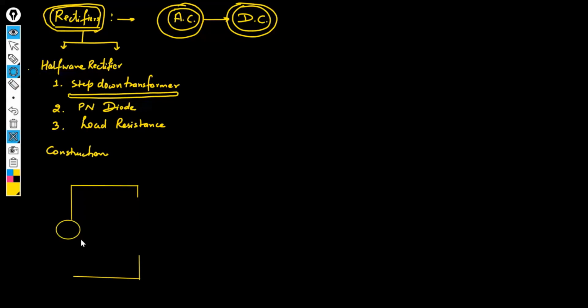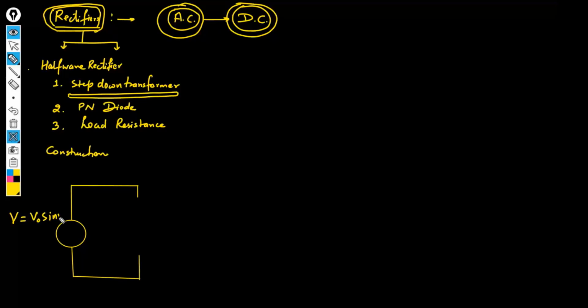Whatever AC is to be converted into DC is fed into the primary coil. Let's say the AC voltage here is V = V0 sin ωt.